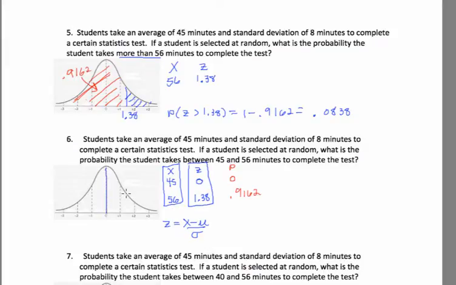So I'm looking for the probability that I'm in this region. So I go to my chart and I look up what's the probability that you're to the left of 0. I should say 0.5. And what's the probability you're to the left of 1.38? 0.9162. So I subtract them.